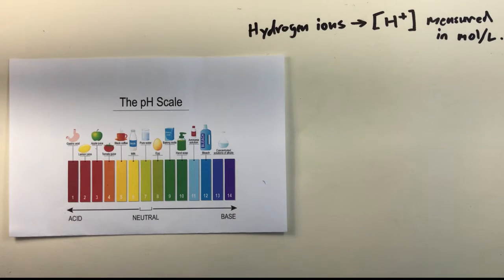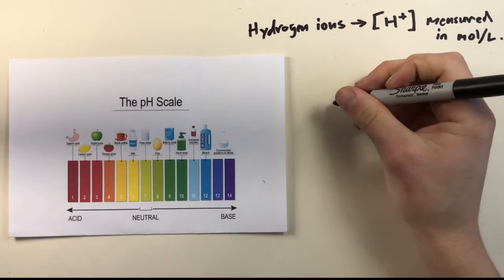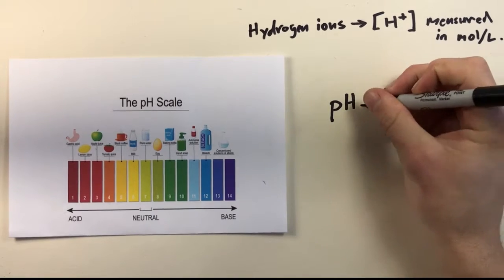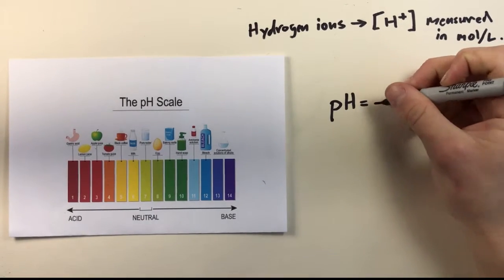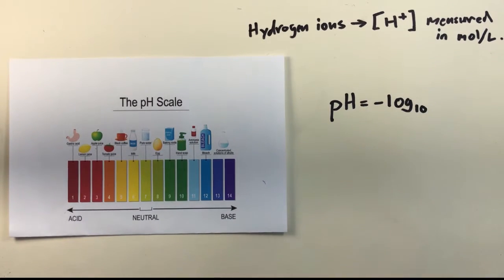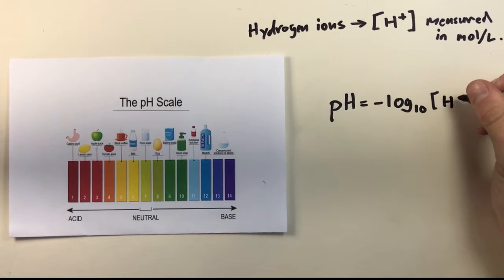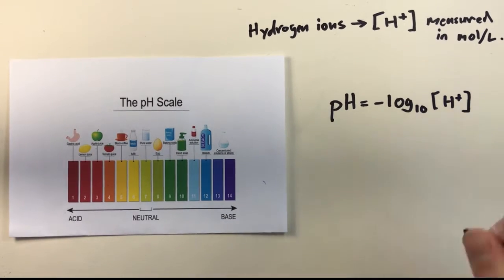Anyways, the pH scale is a logarithmic scale, meaning the pH value of a solution is a logarithm and is equal to negative log in base 10 of the concentration of hydrogen ions.